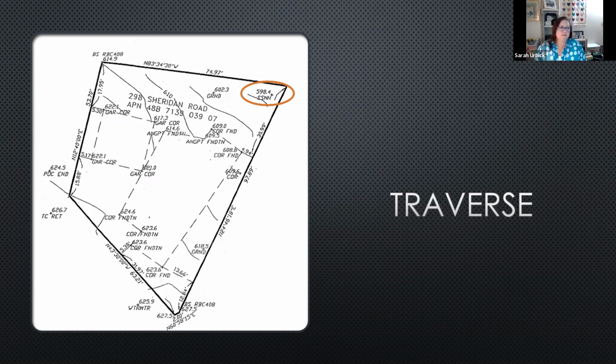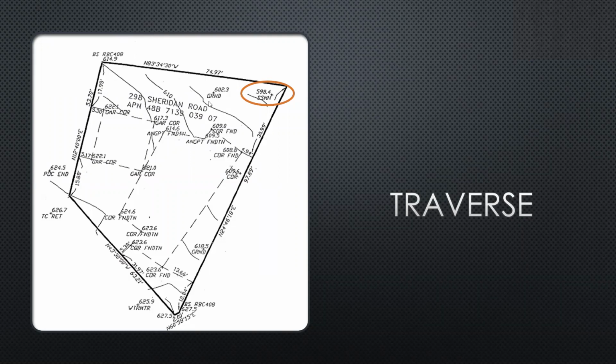All right. So if we have a manhole that is at 598.4 and we have a ground elevation of 602.3, if I dump a bucket of water at this second point, what's going to happen to it? It's going to go into the manhole.